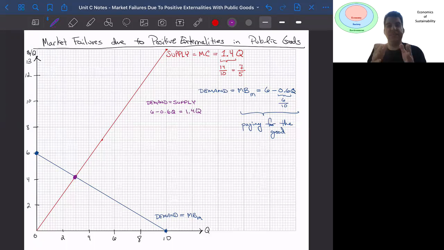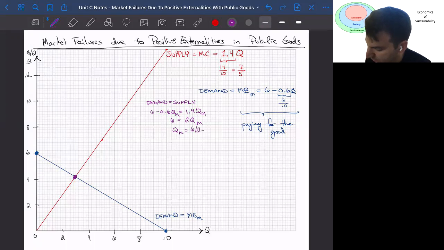I can add the 0.6Q to both sides to effectively move it to the right-hand side, and then I end up getting 6 is equal to 2Q. I should make this QM for market, so QM is equal to 6 divided by 2, or 3. If I drew this about right, then QM is about 3.